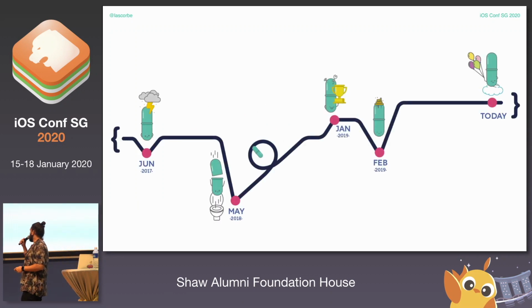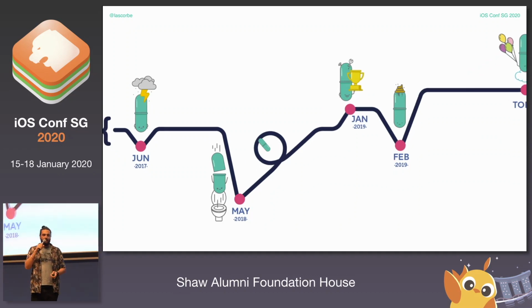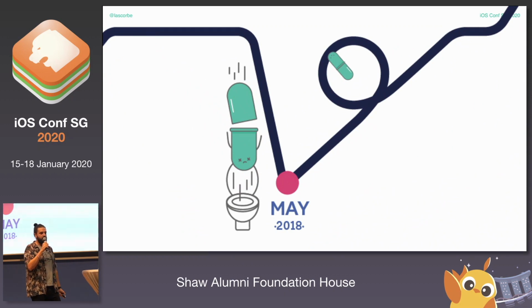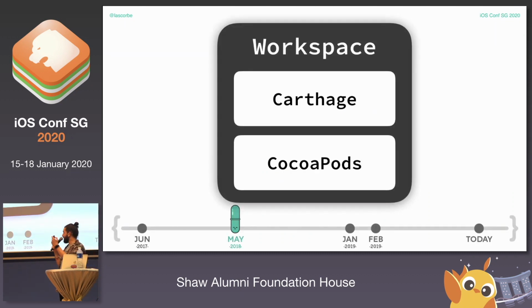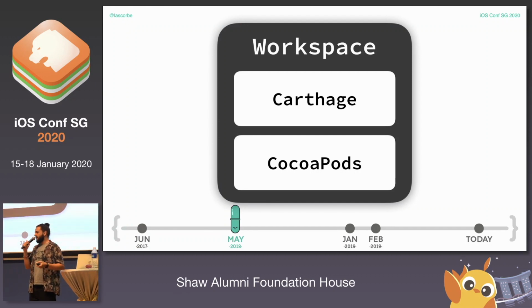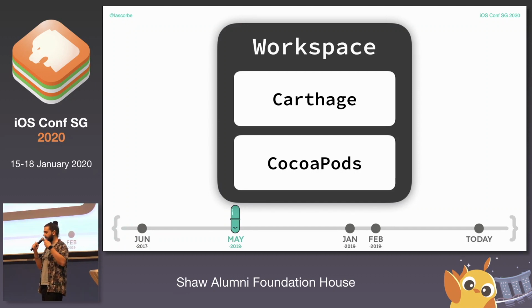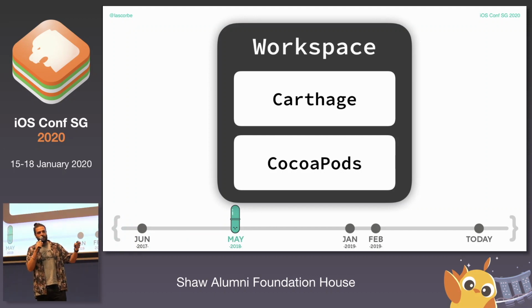So we are back to our timeline, and this happened in May 2018. Remember, we have a big project with Carthage and CocoaPods. So we start thinking how we can solve this. What was the long-term plan we can commit to overcome this issue?